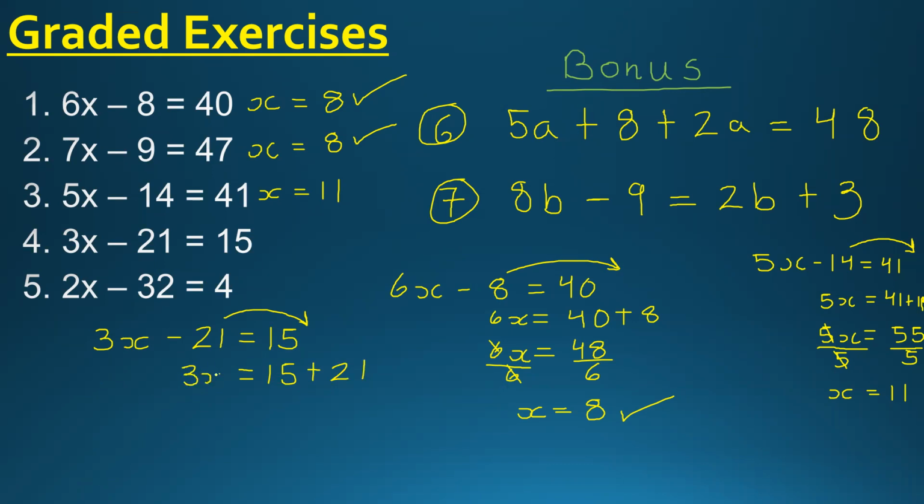That's correct. And then you divide 36 over 3 and you get 12. That's correct. So 36, divide both sides by 3. So x is equal to what? 12. Very good. So x equals 12.